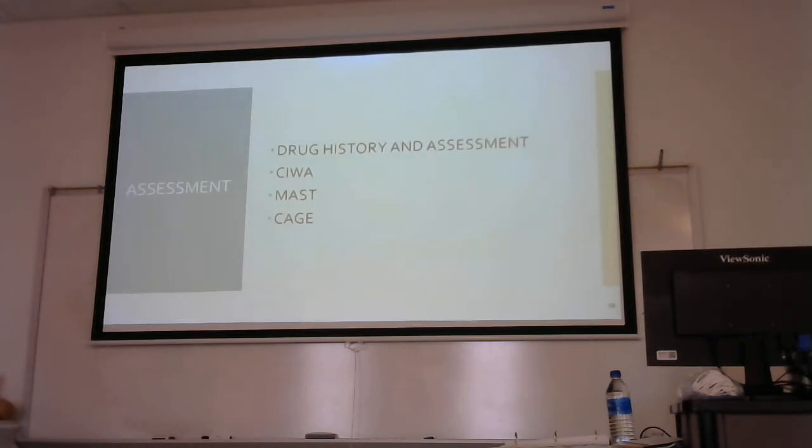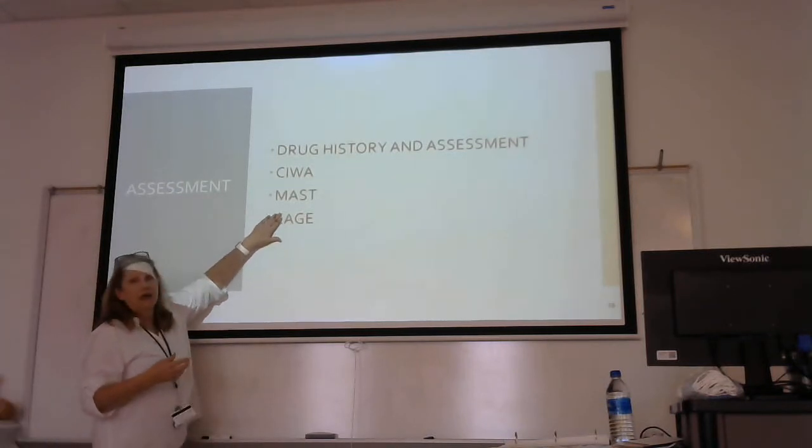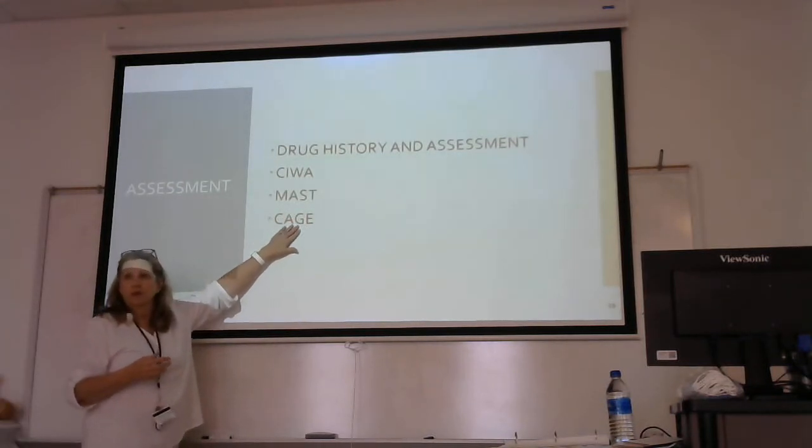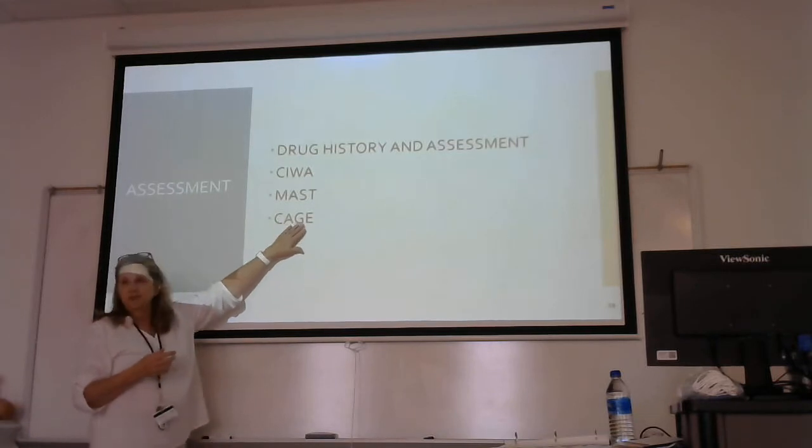The MAST and the CAGE are two assessments that can be done to see how much, and help the patient see what kind of problems they have with alcohol. And I like this CAGE for you at this level to really understand, because it's easy.